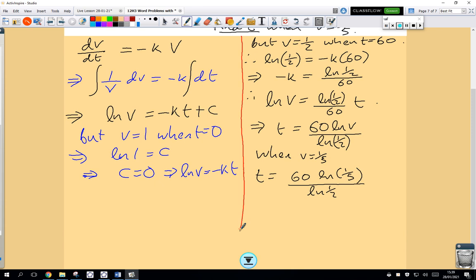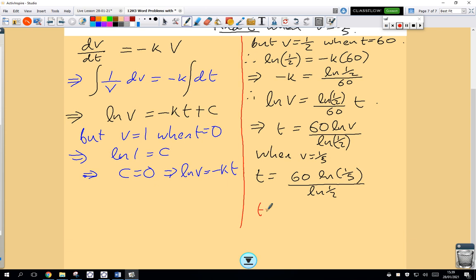And that's work that I can do in my calculator. And in fact, I can't really do it without my calculator here. So my fraction is going to be 60 times the natural log of 1/5 over the natural log of 1/2.